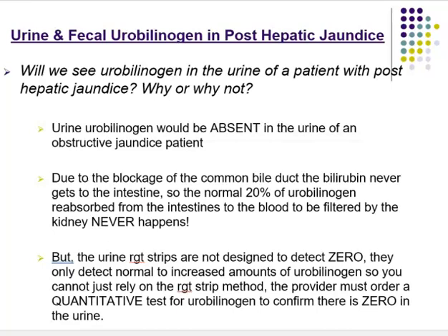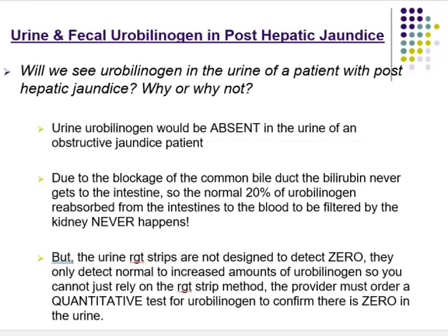Well, this never happens. But if you think about our urine reagent strips, our dipsticks, they're not designed to detect zero. The lowest amount that they can detect is 0.2. They only detect normal or increased amounts of urobilinogen. So you cannot just rely on a reagent strip method.